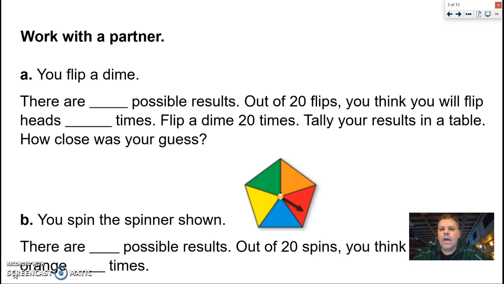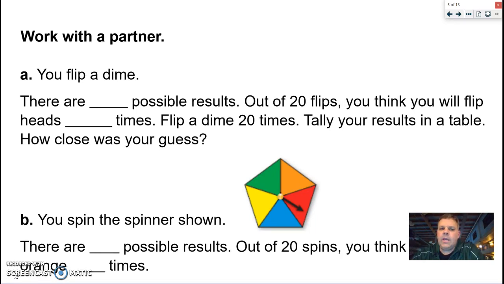And then, out of 20 flips, how many times do you think you will flip heads? Please answer that. And then have either the sub or a student flip that coin 20 times and determine how many times you got heads. Please pause the video and do the activity A.